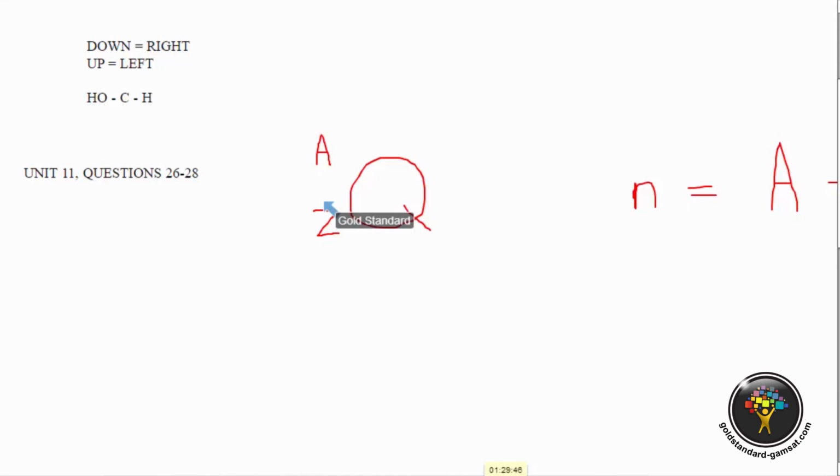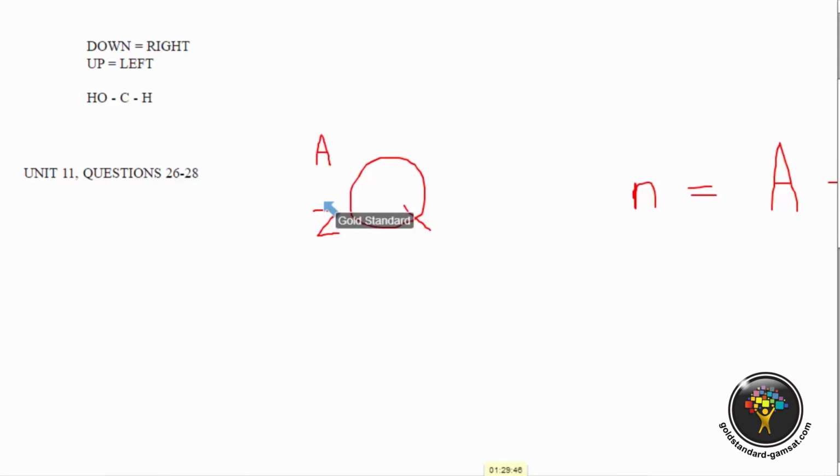If this is even, then we get an odd number, right? 3 minus 2 gives you 1. So if this is odd and this is even, we get an odd result. So that means an odd number of neutrons takes place if the number of protons is even. And that utilizes the first rule.